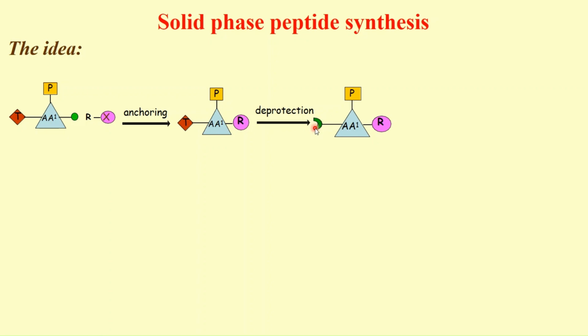The free amino group containing amino acid which is anchored with the polymeric resin support, in which the functional groups of the side chains are protected, is made to react with the carboxy activated amino and side chain protected amino acid 2.